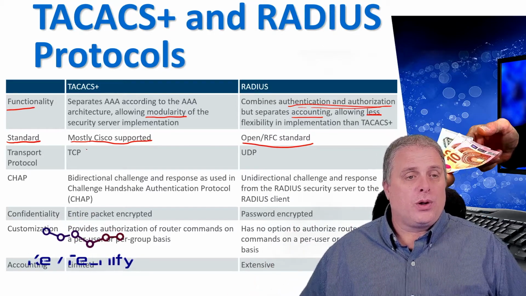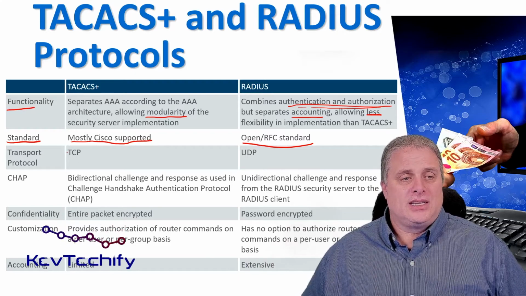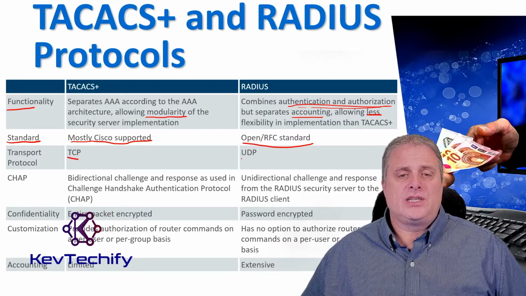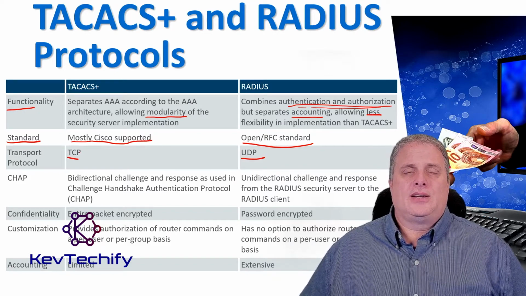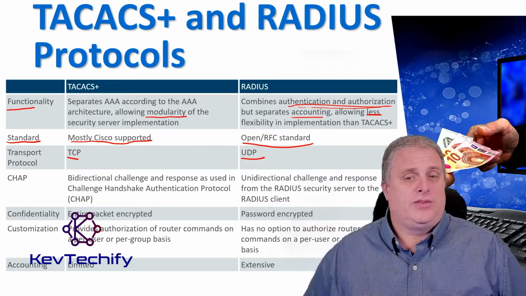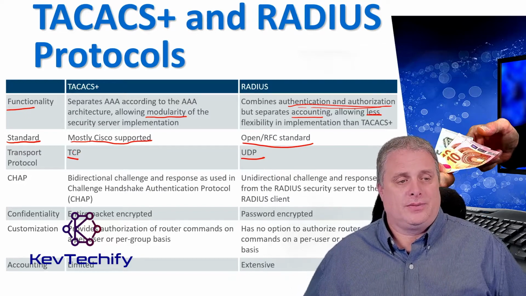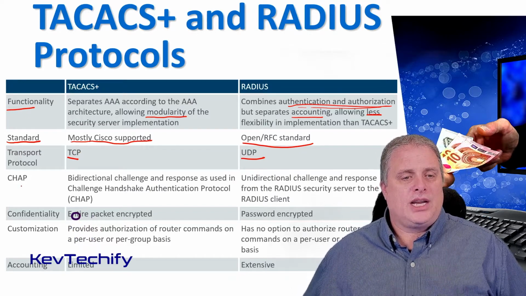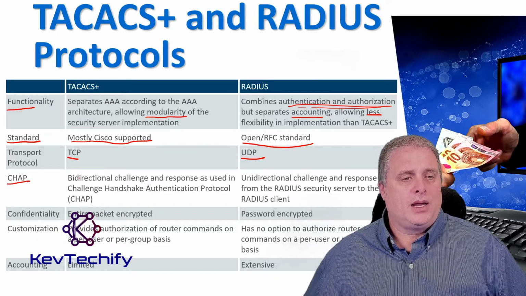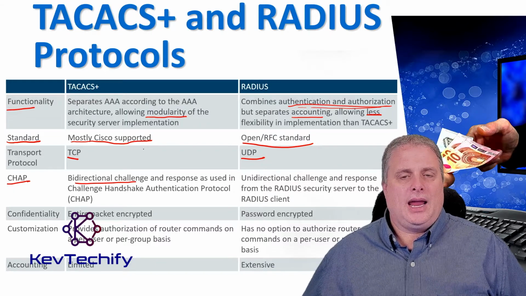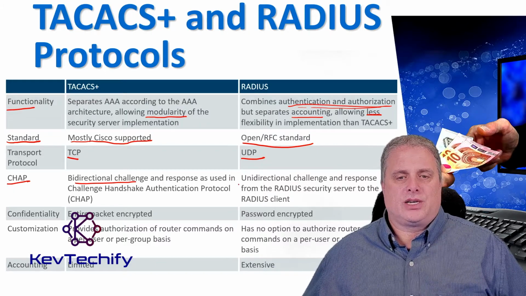The transport protocol used by TACACS+ is TCP, while RADIUS uses UDP. Transmission Control Protocol, that is delivery confirmation of your data. UDP is best effort. Then we have the Challenge Handshake Authentication Protocol, typically referred to as CHAP. Here, TACACS+ is bidirectional and RADIUS is unidirectional.